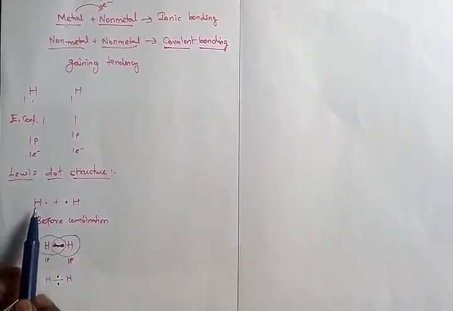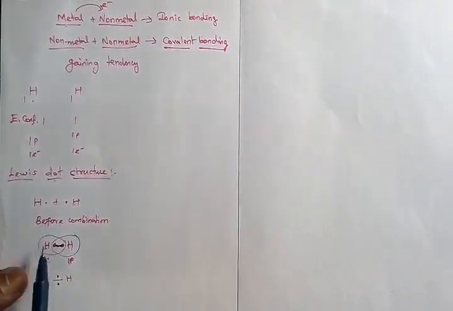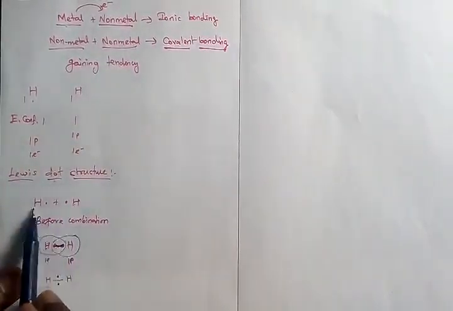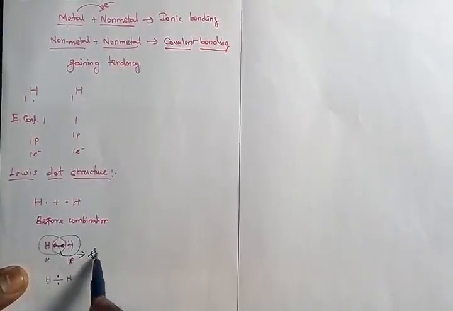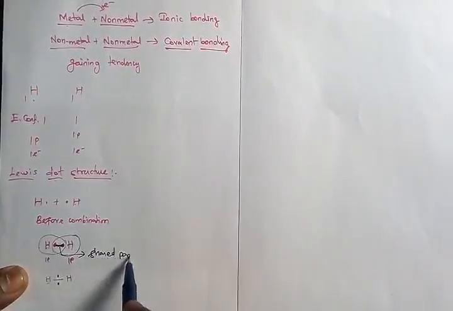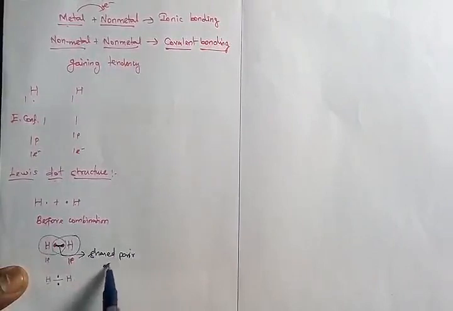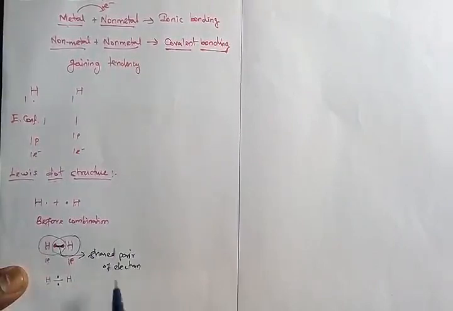When there are equal protons, the pulling power of the atoms is equal. This is what we call a shared pair of electrons, or bonded pair.